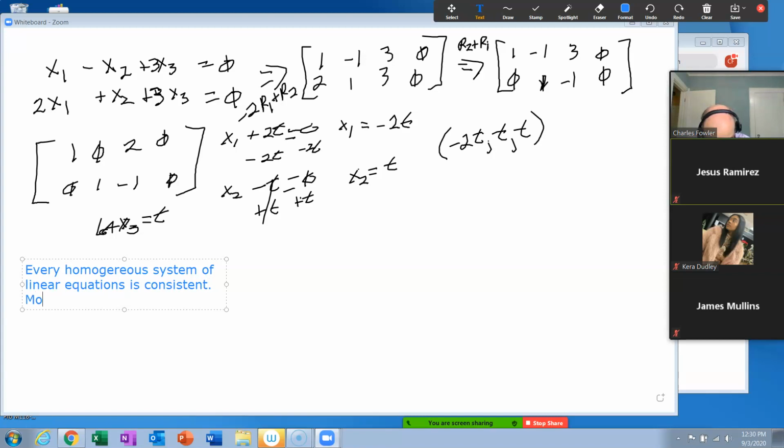Moreover, if the system has fewer equations than variables, then it must have infinitely many solutions.